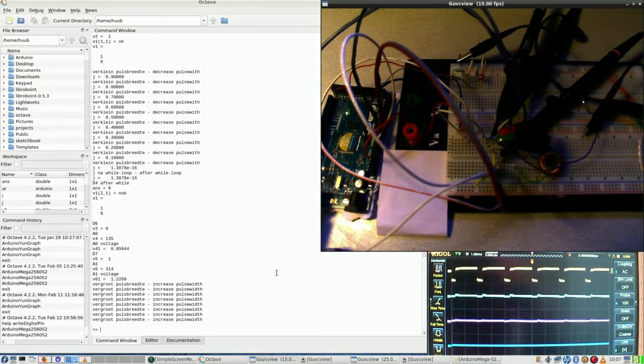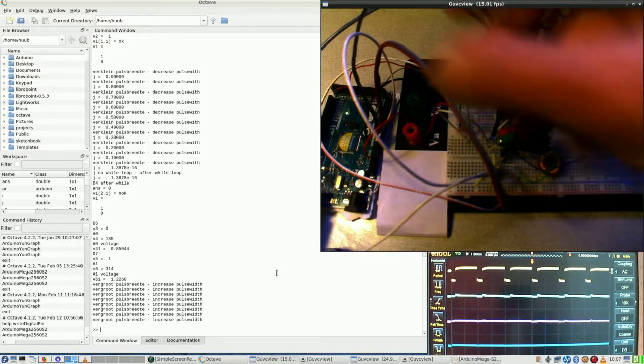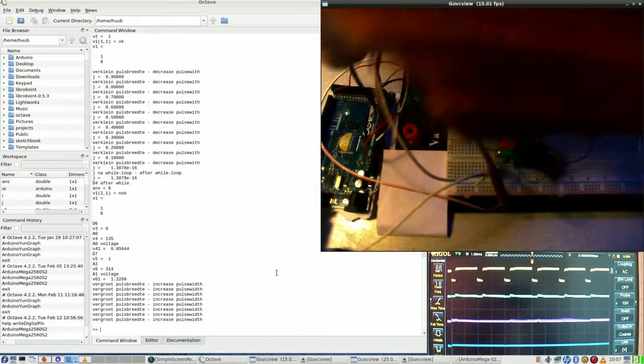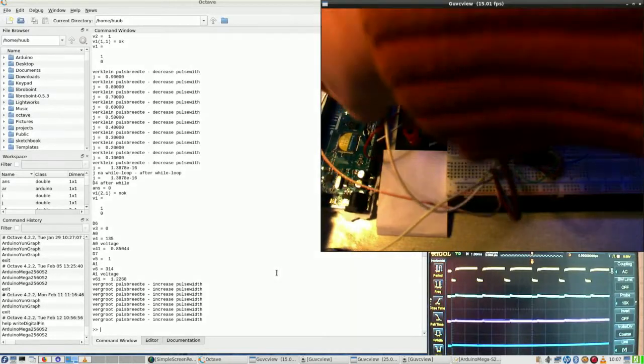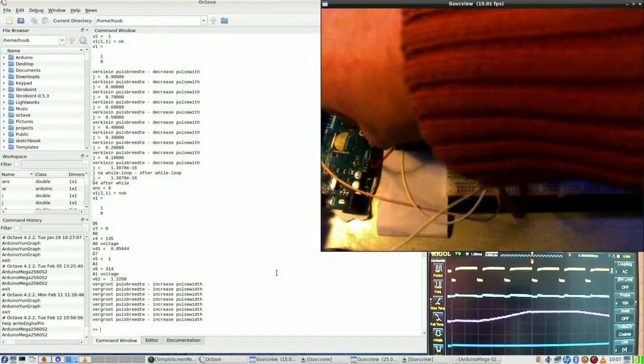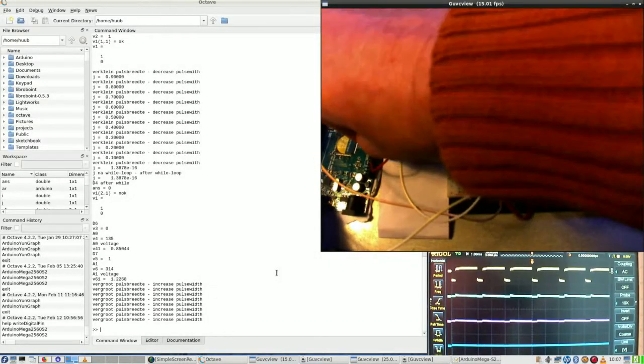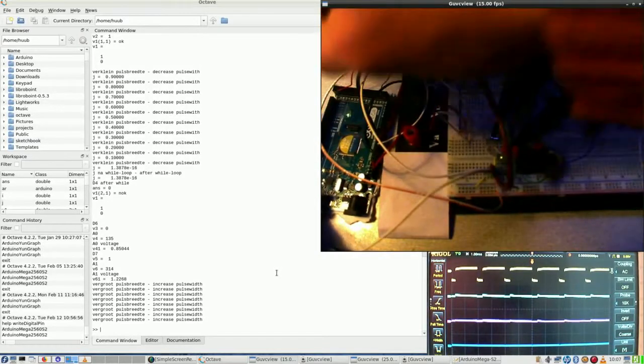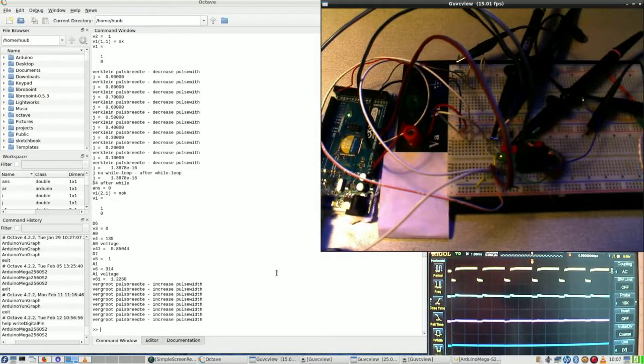Right. And in the meantime I undid this one, so right, all wires set, I think.